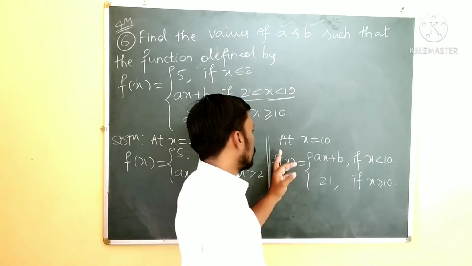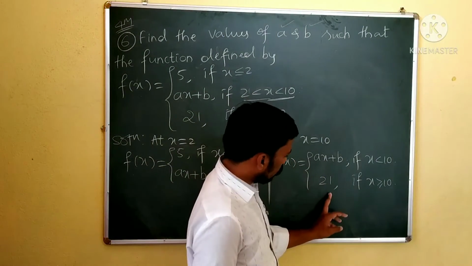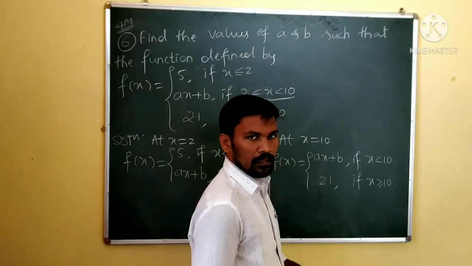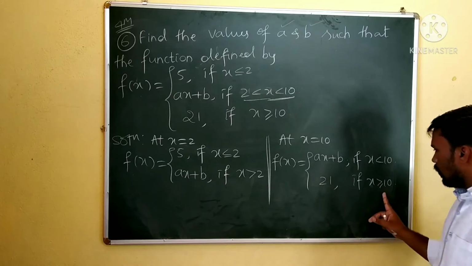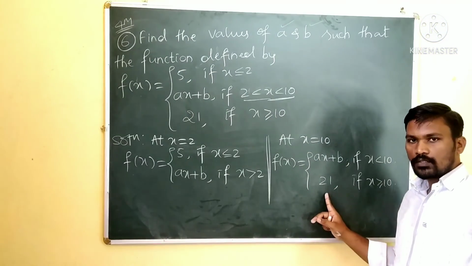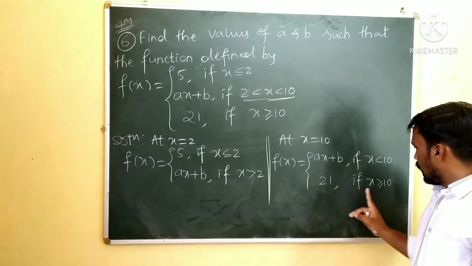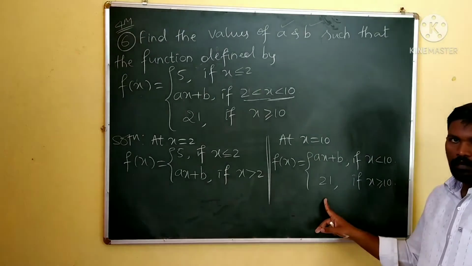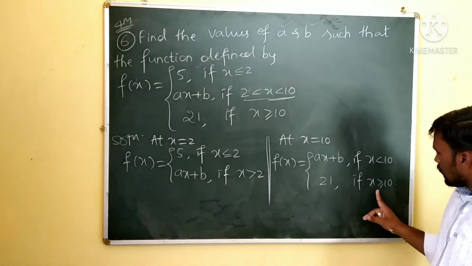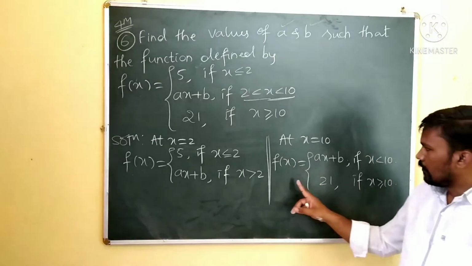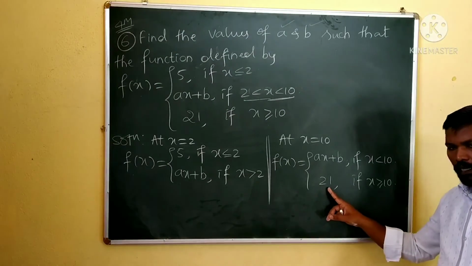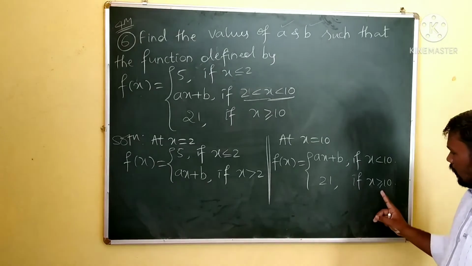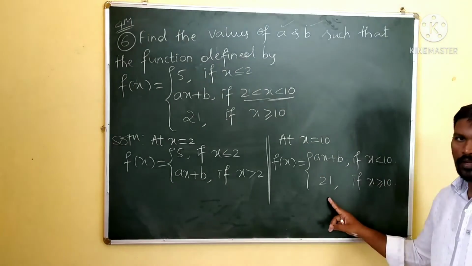And look at the second function. At x is equal to 10, f of x is equal to 21 if x is greater than or equal to 10. What does it mean? The value of the right hand limit is already given. The right hand limit value is 21 and even the value of the function is also 21 only.